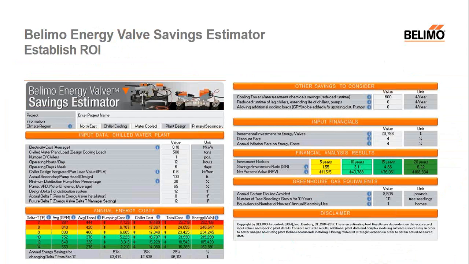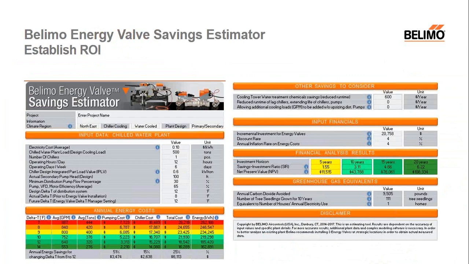You may want to understand what your savings could be before the valve is installed. And for that, we provide the energy valve savings estimator. The savings estimator is a tool to help provide just that: how much energy savings and how much financial savings can be saved by increasing your delta T. So you input certain parameters on what your current delta T is and your future delta T, information on the plant, types and number of chillers, operating hours per day, and operating hours per week, and so forth.